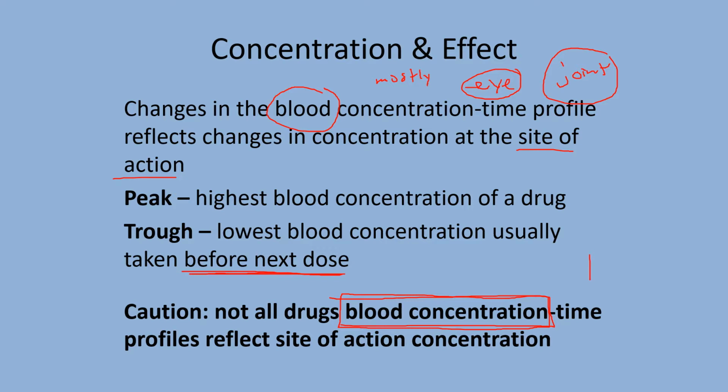I'll give you an example. Insulin? THC in your blood. It doesn't matter how much it is, it affects everyone differently. Because it doesn't matter how much is in your blood, it needs to be at the site of action to affect you. So if it's not at the site of action, in the parts of your brain which they can't detect, then they don't know how much it affects you.